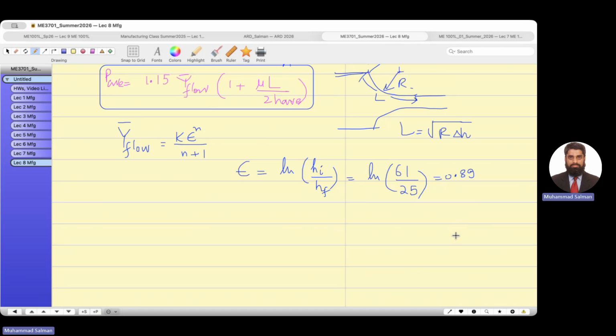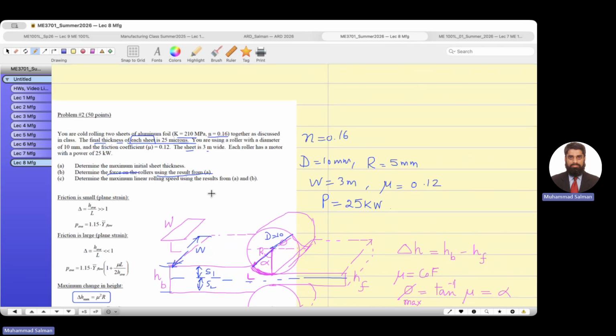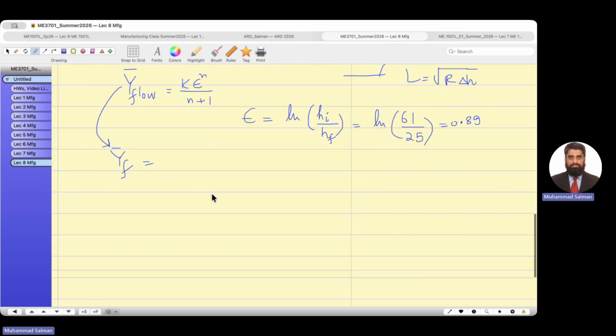And once you verify that, you can use this. I want to plug in this value here. K is the strength coefficient, which is 210 megapascals. So let me write down here 210 megapascals, 0.89 to the power 0.16, which is the index n, over 1.16.